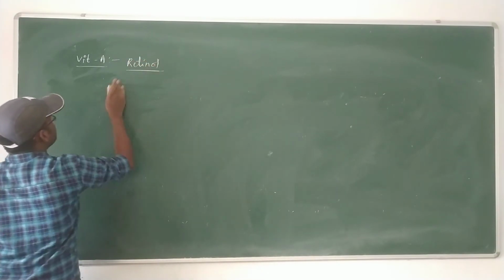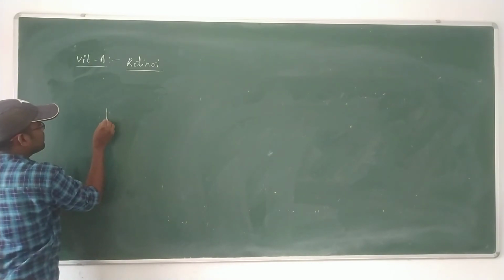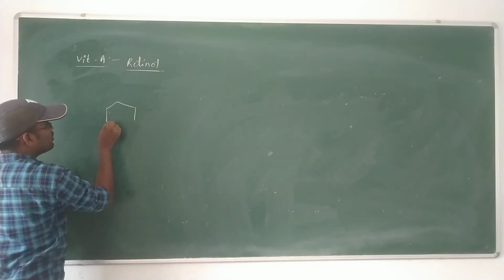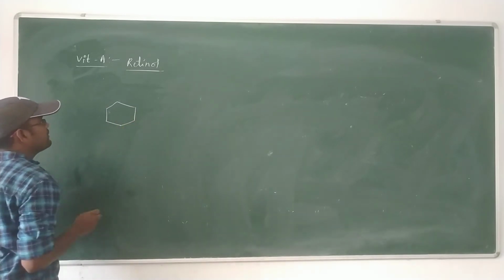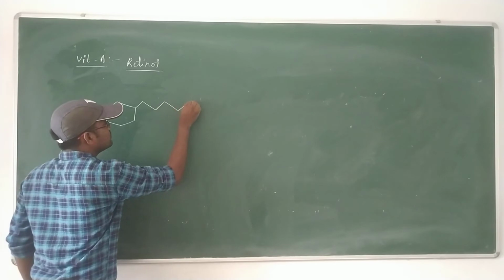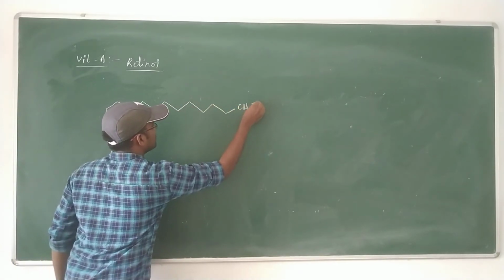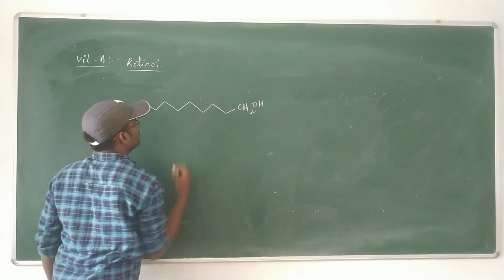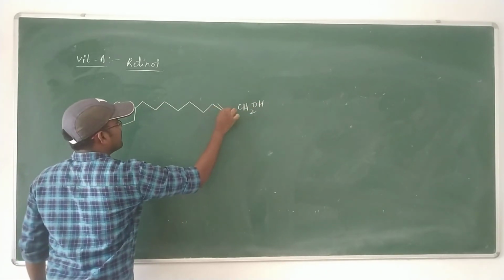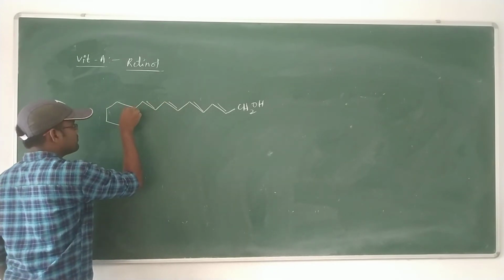Retinol is an alcohol, and it comes from beta carotene. 1 mole of beta carotene gives 2 moles of vitamin A. 1, 2, 3, 4, this is a CH2OH, the retinol alcohol group, and this is the fifth one.